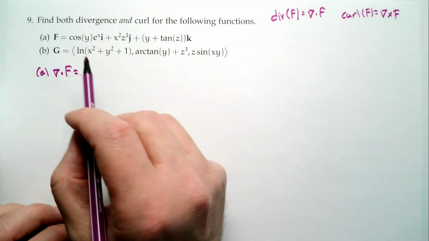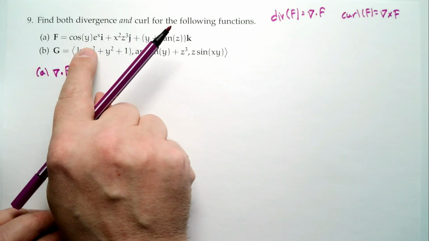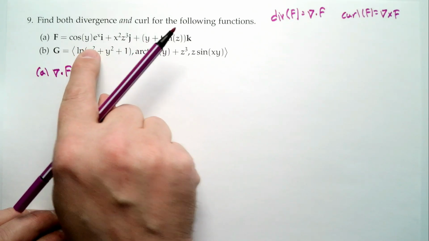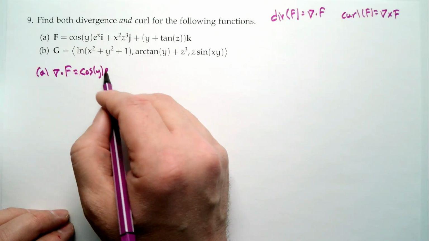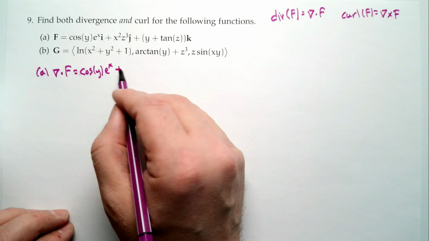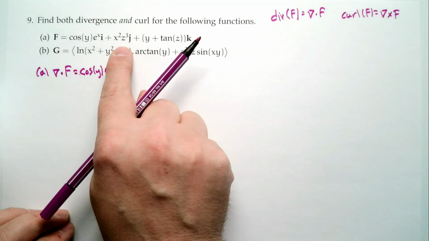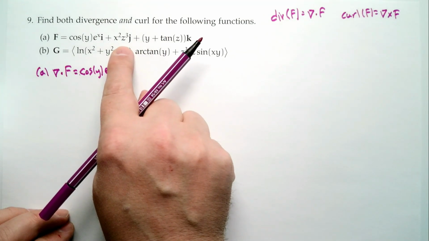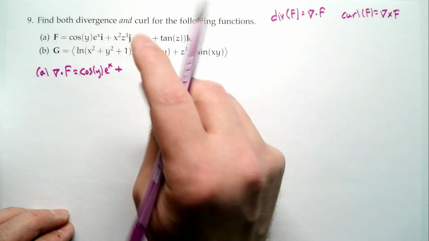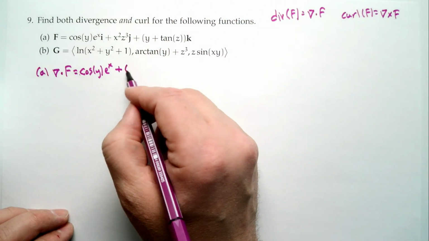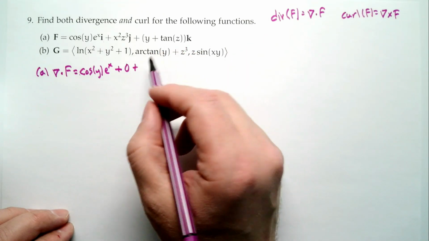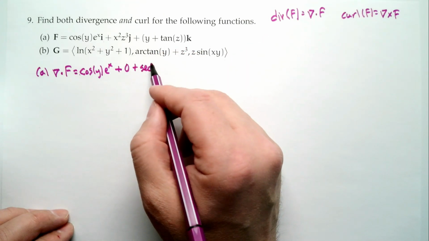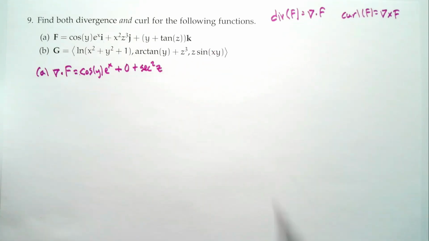You go through each entry and take the derivative with respect to x of the first entry, that's cosine of y e to the x. Then you add the derivative with respect to y of the second entry. There is no y, so 0. Then you add the derivative with respect to z of the third entry. Well, the derivative of tangent is secant squared. And there's our divergence.